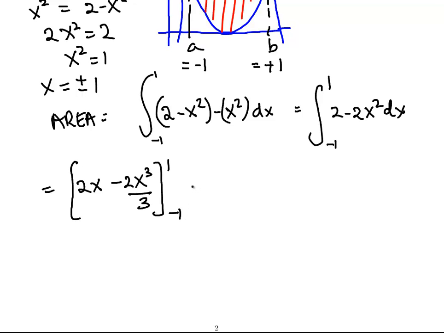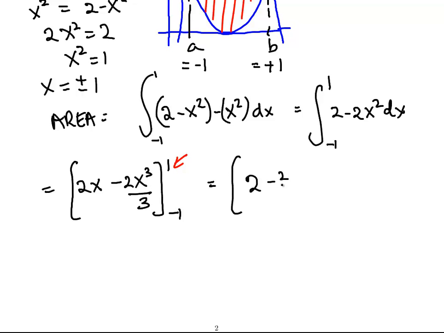This is a straightforward evaluation problem now, so it's actually quite a simple problem. The first thing to remark upon is that this is a great time to get your calculator out. Evaluating this expression for x equal to 1, which is the upper bound, we have 2 times 1, which is 2, minus 2/3, since 1 cubed is just 1.